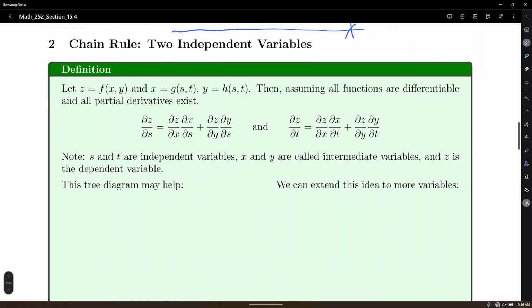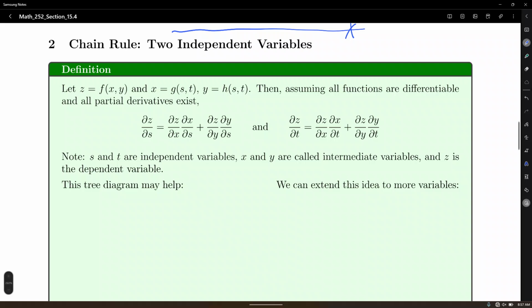What if we have the chain rule for a function where we have two independent variables? So what if we have, for instance, a function f or z that depends on two intermediate variables, x and y.